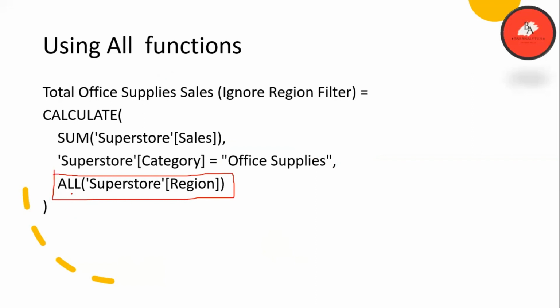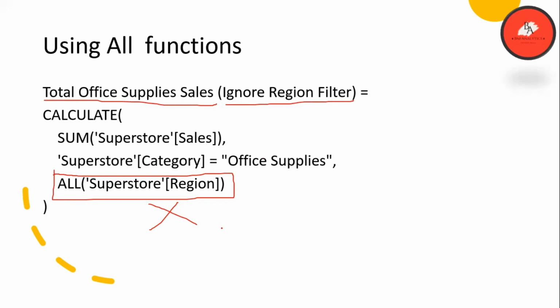So what is this ALL basically? Here, total office supplies sales, and ignore region filter. Whenever you are using this DAX function in any visualization, the ALL function will ignore the region filters if they are applied anywhere.